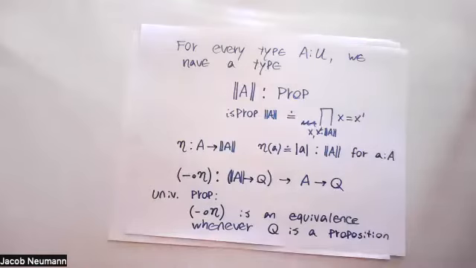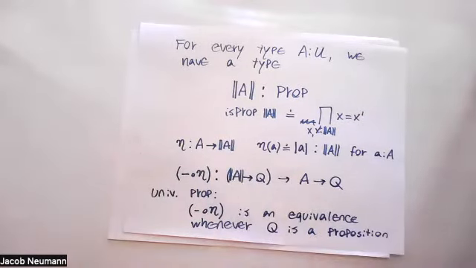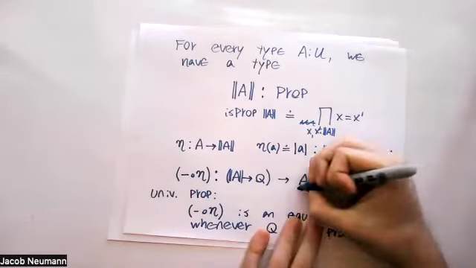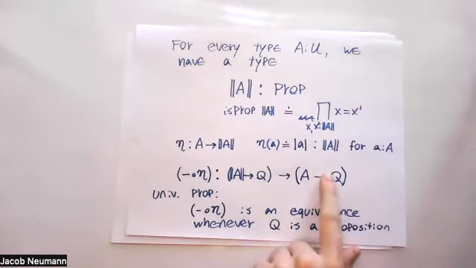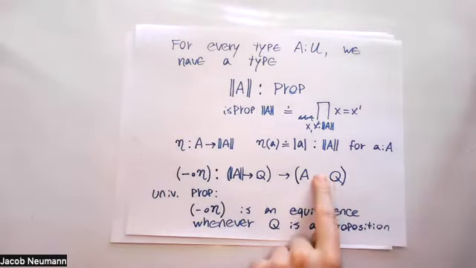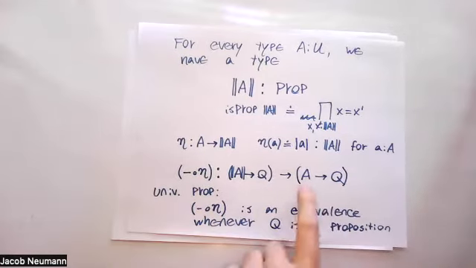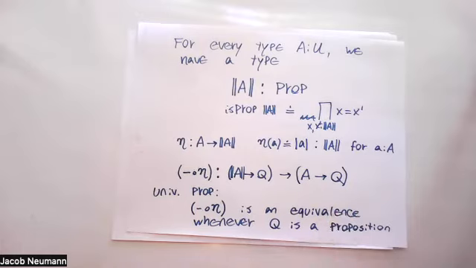So to say that this map here is an equivalence is to say that for everything in its codomain, the fiber of that element under this map is contractible. We prove that that's the same thing as being an equivalence.